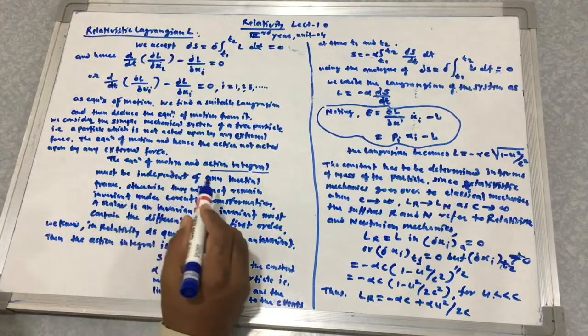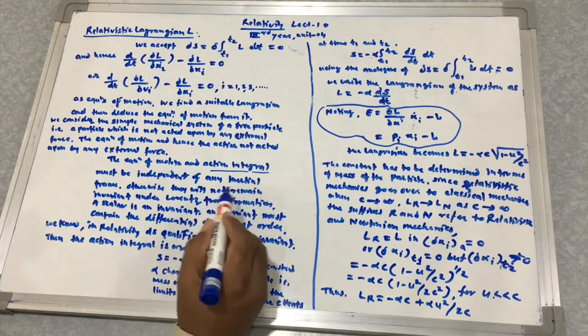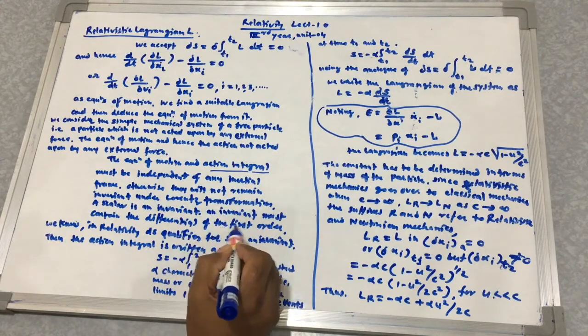So a scalar is an invariant. An invariant must contain a differential of the first order.